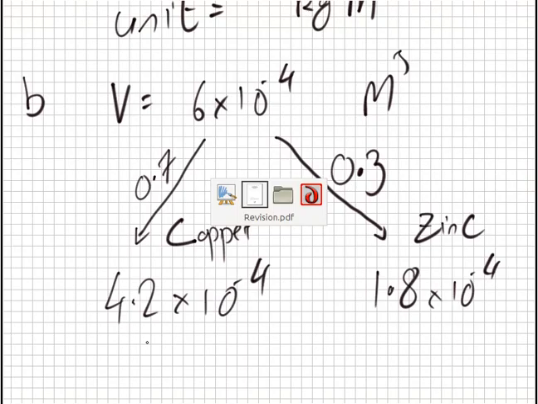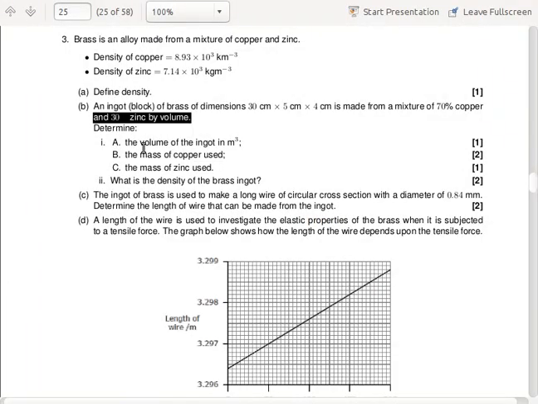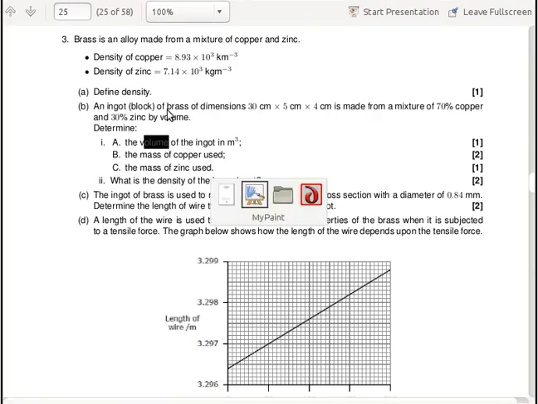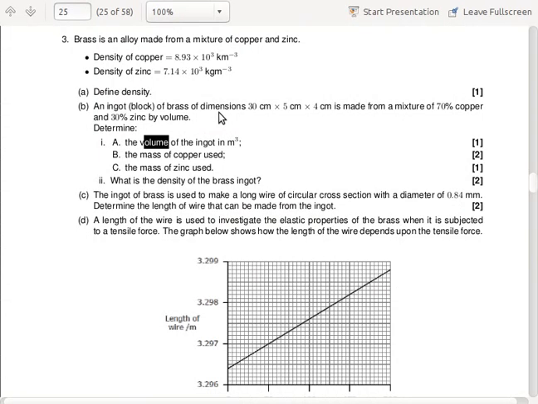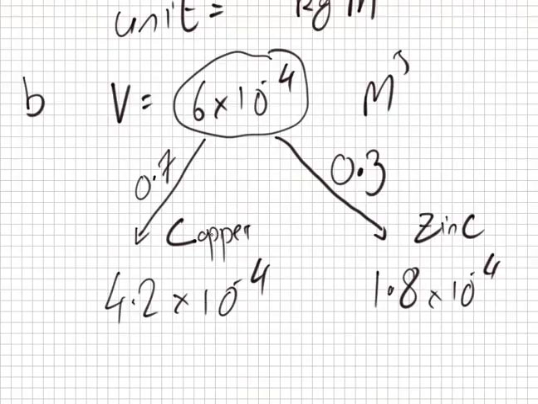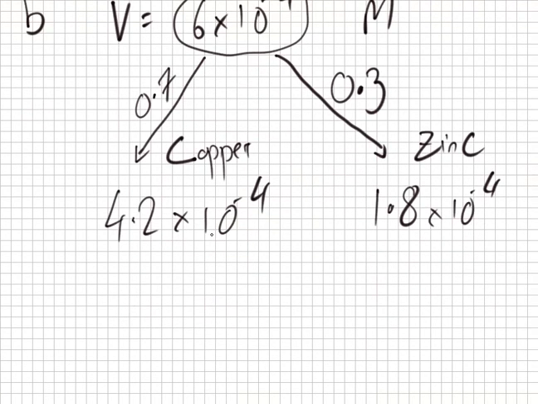Now, part A. Look up. What is the volume? There it is there. That's the volume of the block. What is the mass of the copper, and now what is the mass of the zinc? Not quite, that's the volumes. So remember, what does density equal? Mass over volume. So what does mass equal? Density multiply volume.